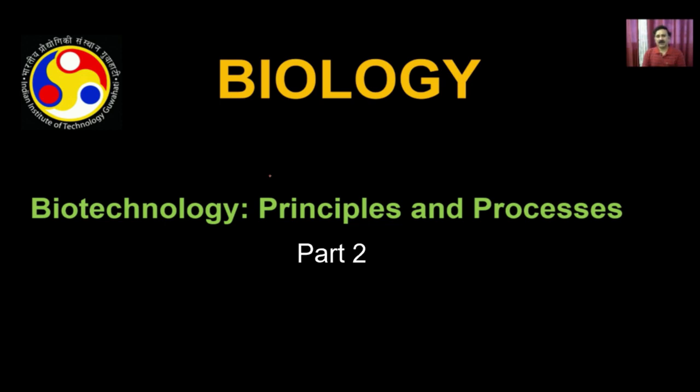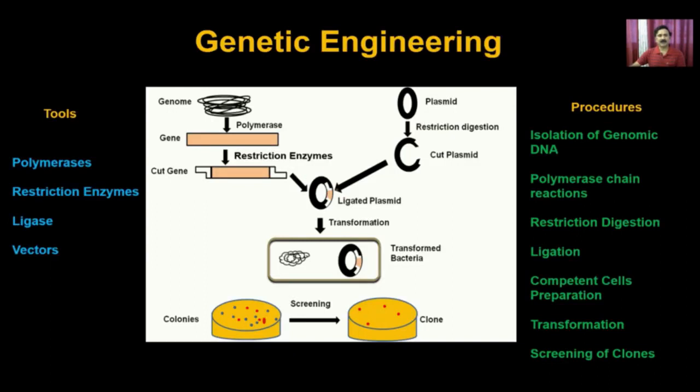While discussing genetic engineering, we discussed that it relies on tools as well as techniques. Among the tools, biotechnology depends on some major tools like polymerases, restriction enzymes, ligases and the vector.